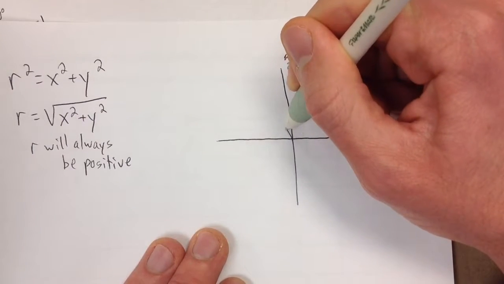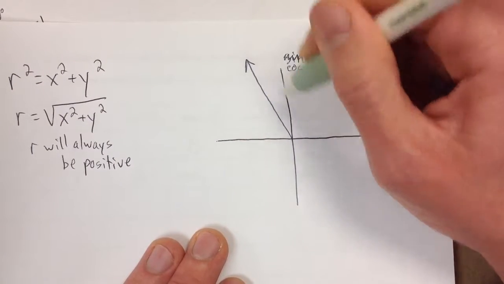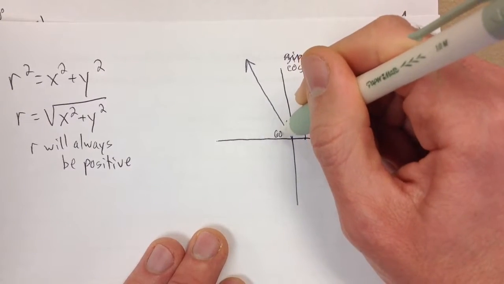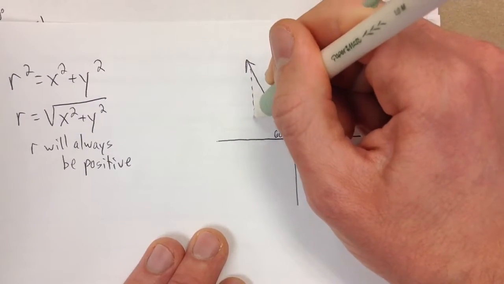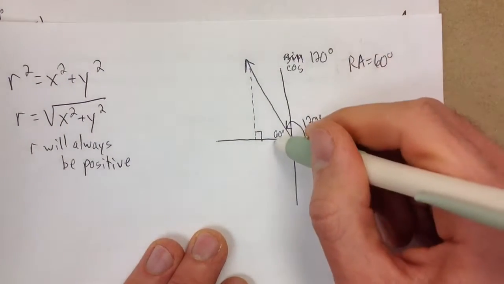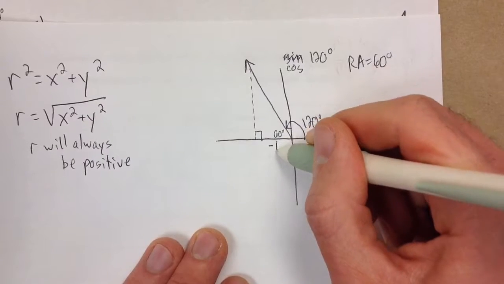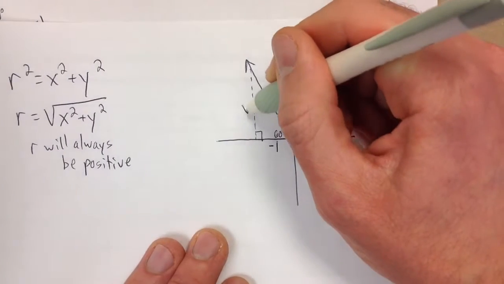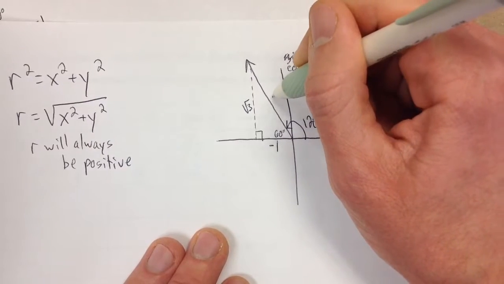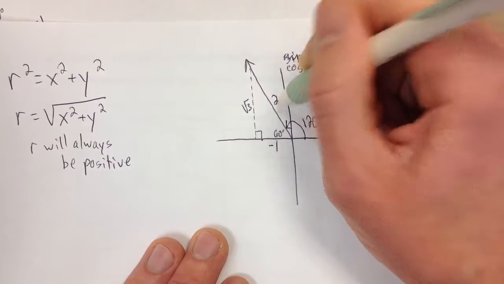So you're 60 away from the x-axis. Drop an altitude. Then label it. You can label it -1 here, positive root 3 here, but this is always going to be positive.